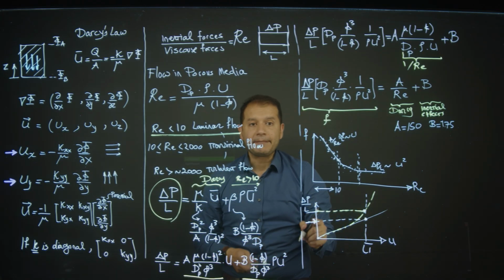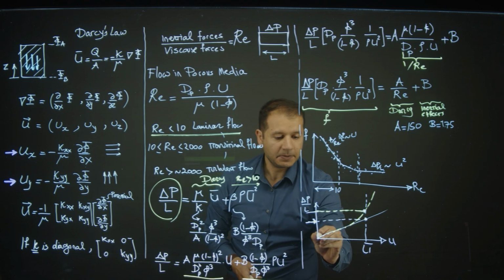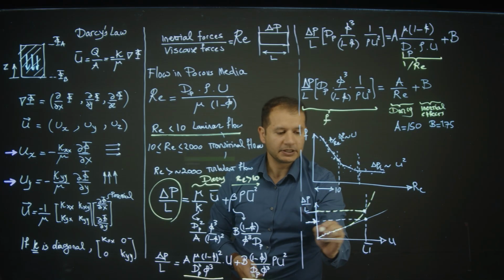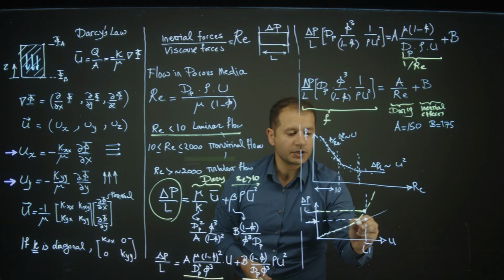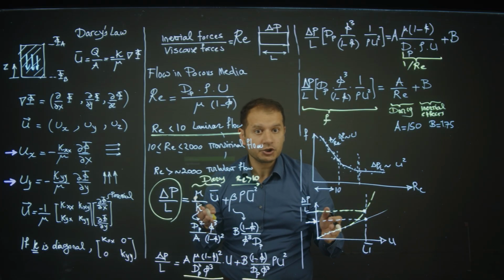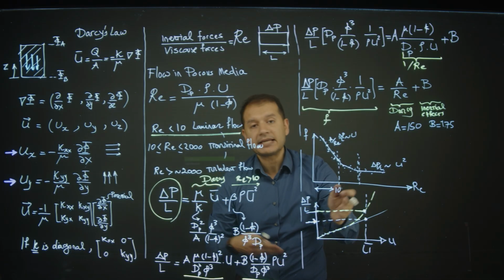So if you do a lab experiment, you increase your U, you observe that at the beginning you are linearly increasing your U with the pressure drop in the system, with constant length, for example. And then apparently after some time, you observe that you need to have a much higher pressure drop in order to get the same velocity scaling as you had before.